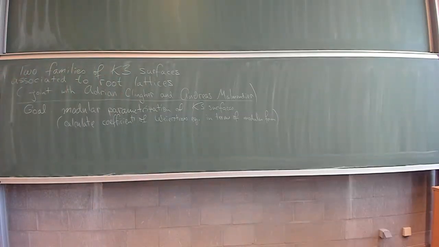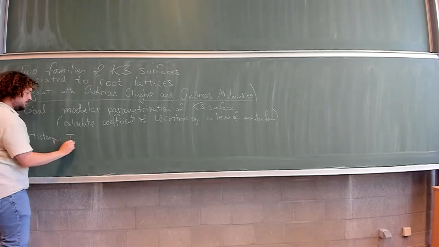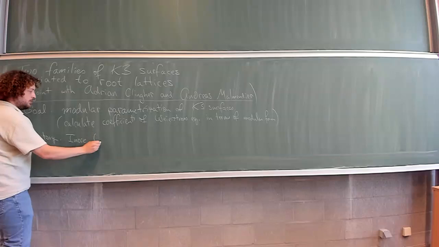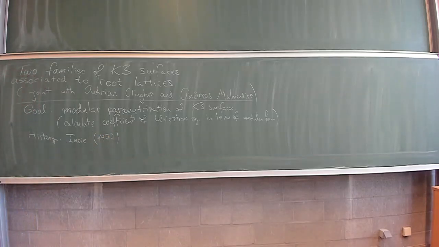So this is by now a fairly old subject. There's a lot of history about explicit K3 surfaces. I think probably the first person to work on this was Inose, who described explicitly a family of K3 surfaces in terms of what's called the Inose quartic.